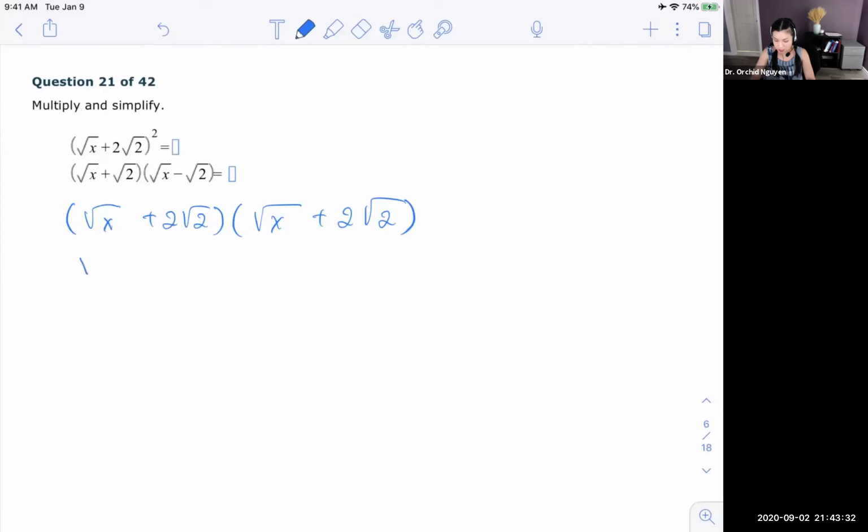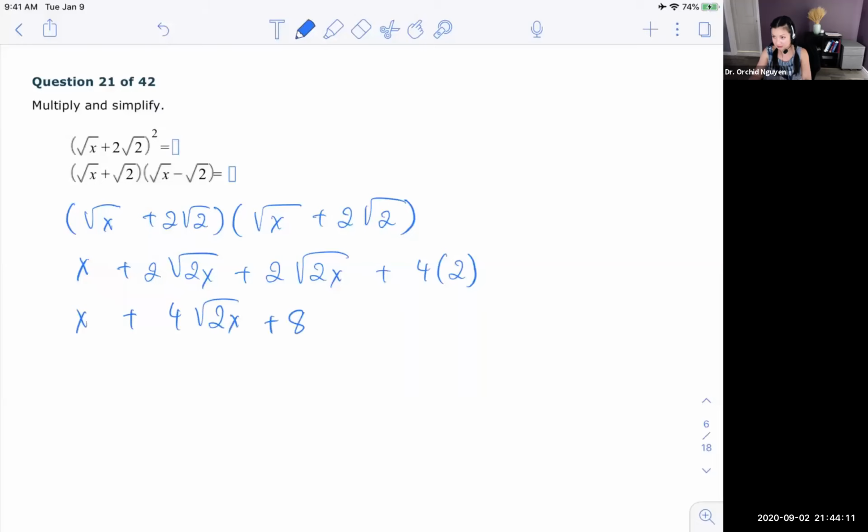So we end up with x, and then we have plus 2 radical 2x plus 2 radical 2x, and then the last one is 2 times 2 is 4, and the square root of 2 times square root of 2 is 2. Okay, now we simplify. So what I have is x plus 4 radical 2x plus 8.